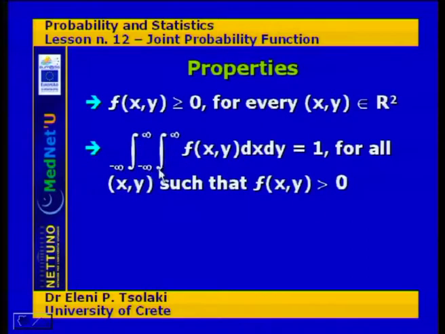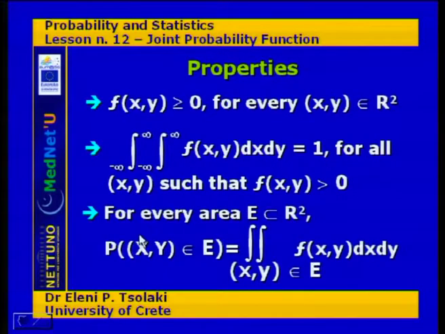The double integral over both variables of f(x,y) should be 1. And for every area E of the plane, the probability that the pair of random variables x and y is in that area is equal to the double integral of the joint probability function over all pairs in that area.